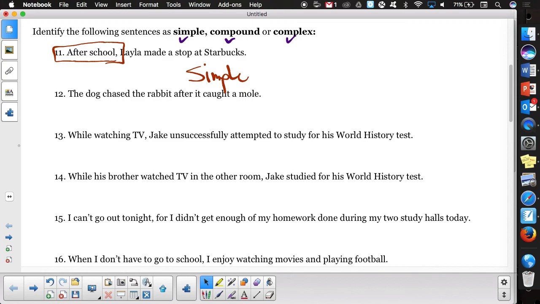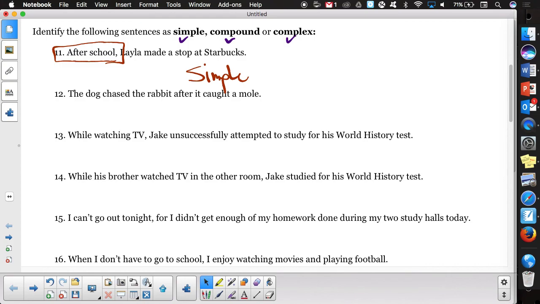If the sentence was after she went to school, comma, Layla made a stop at Starbucks, complex. Because after she went to school, I have both a noun and a verb in that phrase. So this one's simple. A simple sentence doesn't mean it's like 3 words long. It just means that you have one independent clause.